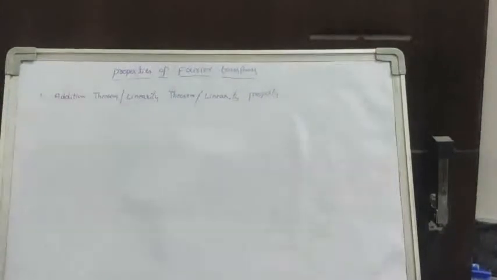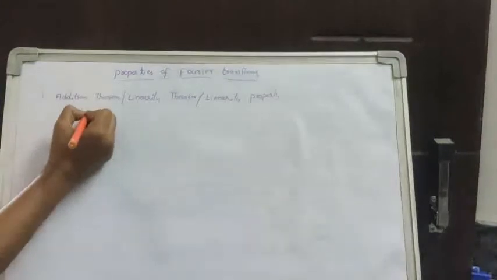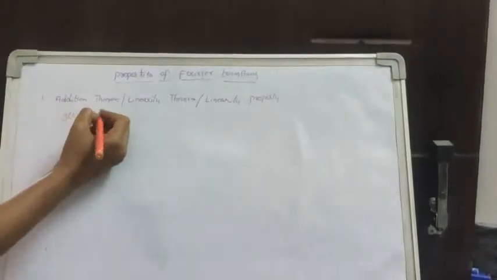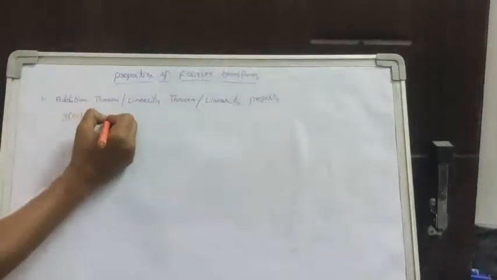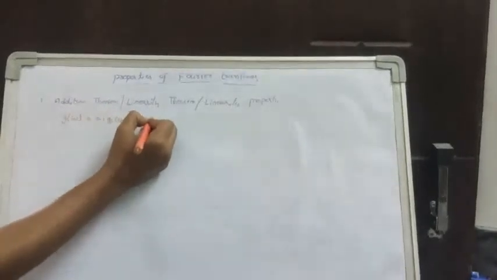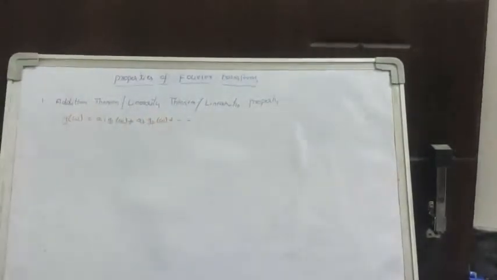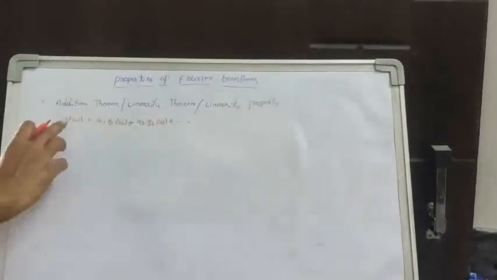Now, in this addition theorem, we have to prove g of omega is equal to a1 g1 of omega plus a2 g2 of omega plus and so on. Here, what is g of omega?